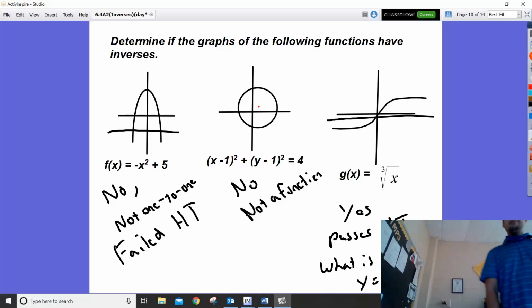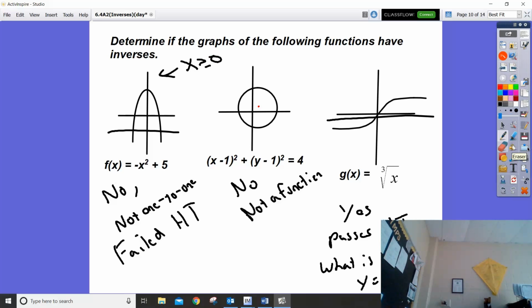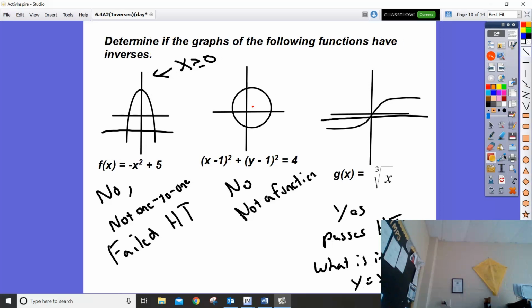Does anybody know how to make maybe the first or second one doable? Make a restriction? What if we said x is greater than or equal to 0? I would have put a restriction like that. You're going to cut off the negative half.